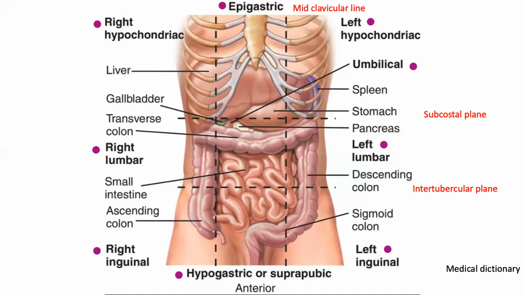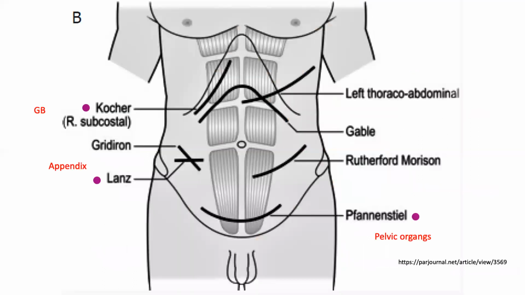So this gives us a little bit more specific location of the examining hand across the anterior abdominal wall. Why are these important? One day you might be somebody who is going to make surgical incisions on a patient, and depending on which incision and which organ you are going to access, you will put your surgical incision in the appropriate site.